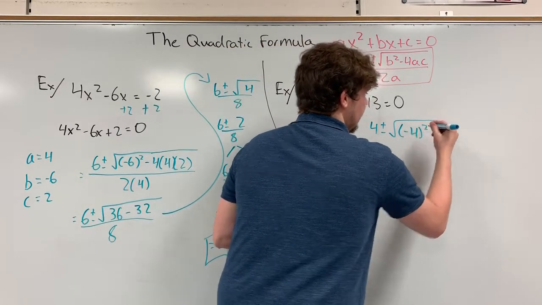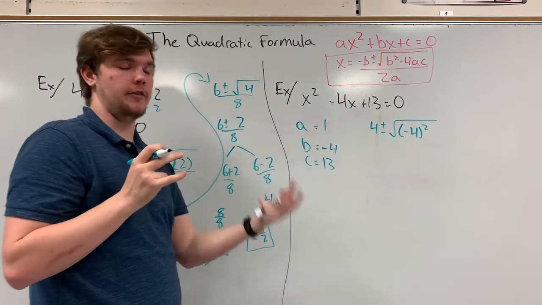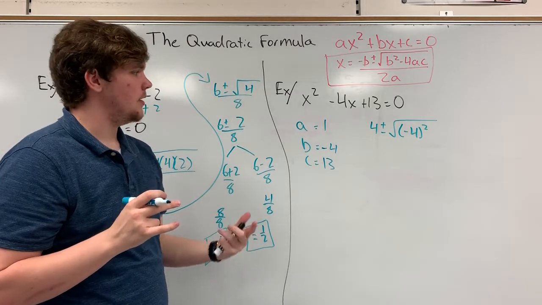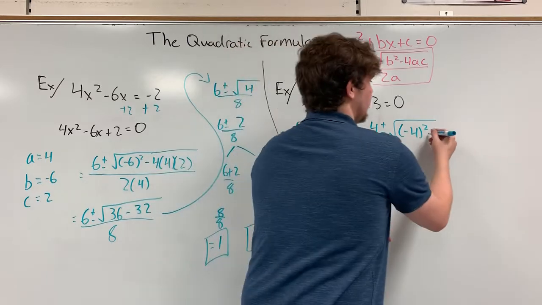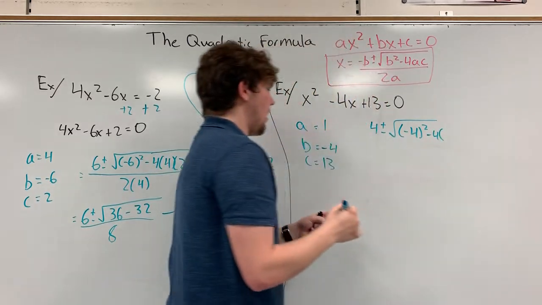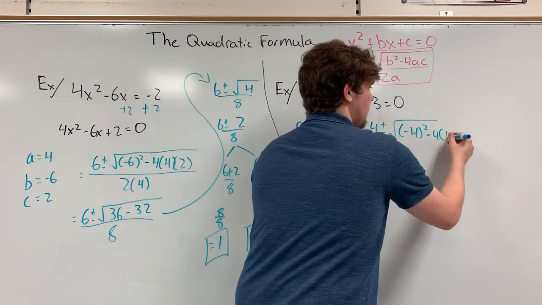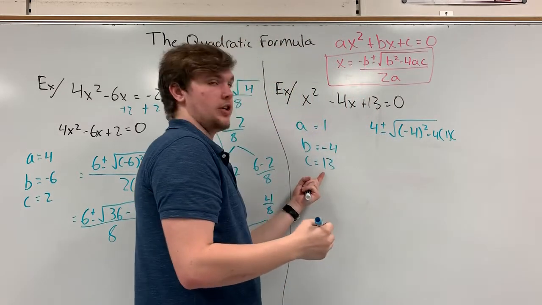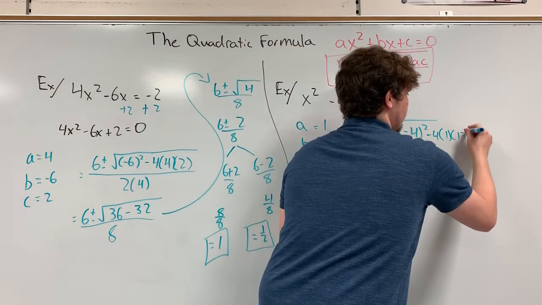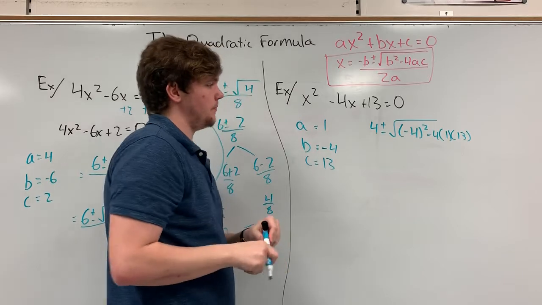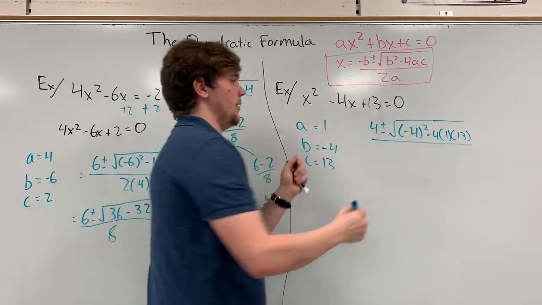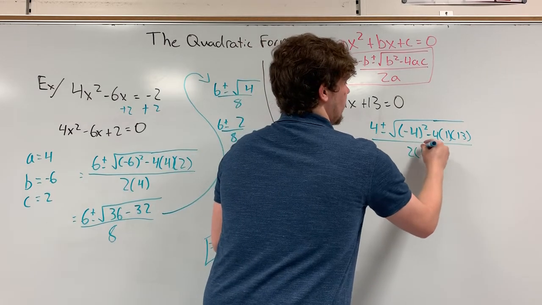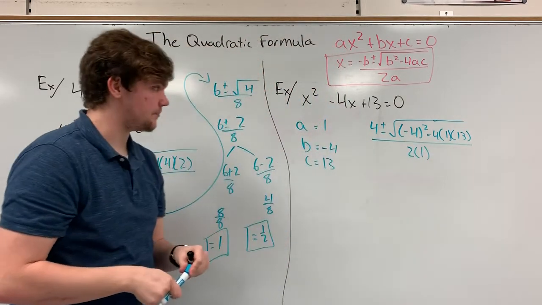And again, I'm going to put that -4 in parentheses so I don't get confused with the negative. So B squared minus 4AC, so -4 times A is 1, and C is 13, and then remember that is all over 2A.